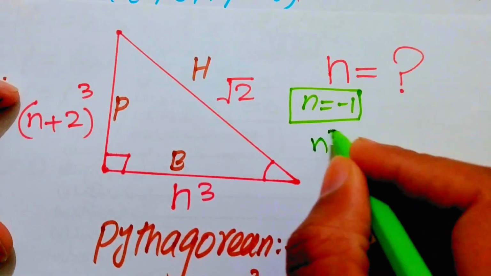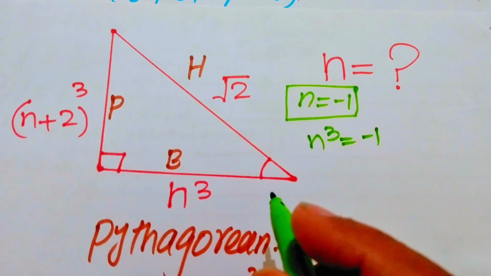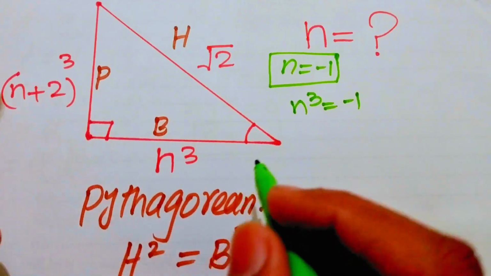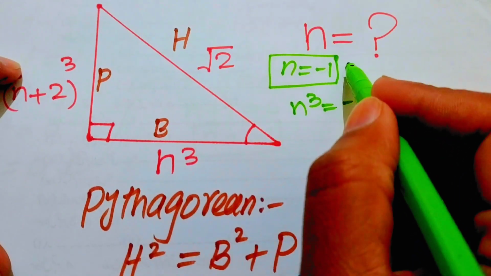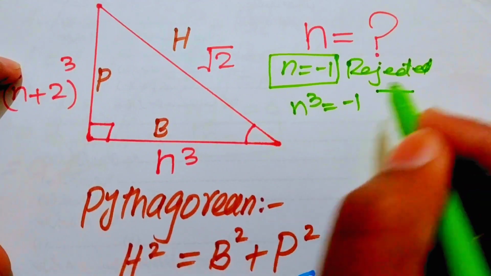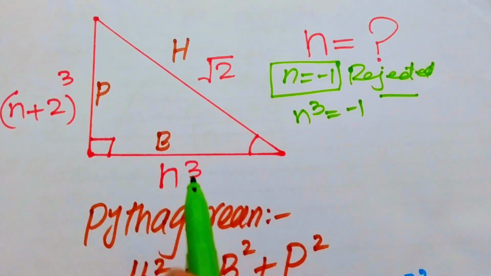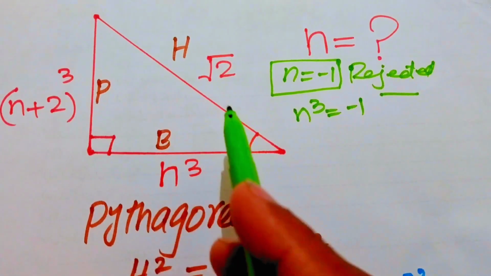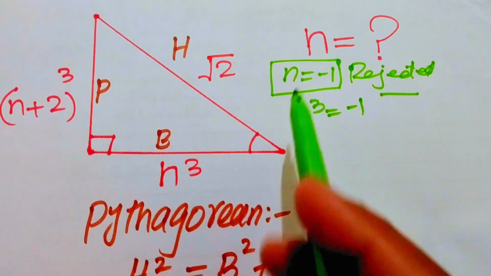Because our n cubed equals minus 1, and you know that the side length of any triangle cannot be negative, so it is not possible. So we reject this case also, and we finally conclude that in this question we cannot have any real solution of this equation, or we cannot find any real value of n.